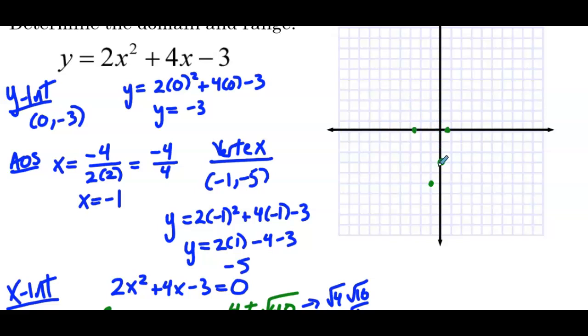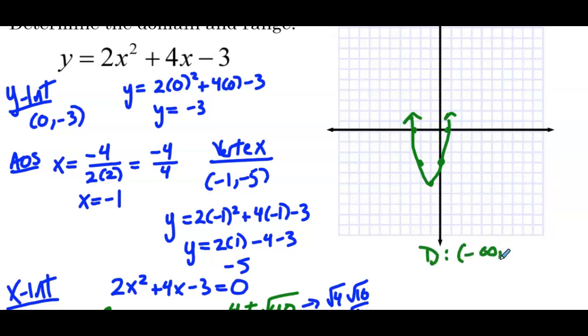That's 4 points. We need a fifth. So the axis of symmetry is x equals negative 1. The y-intercept is 1 to the right, so we'll go 1 to the left. The point negative 2, negative 3 is also on our curve. And we can connect our points to create our graph.